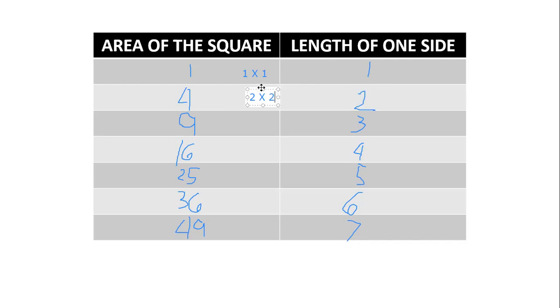The third one is also the same. That is actually 3 times 3. And it goes on and on. Here, that's 4 times 4, then 25, that's actually 5 times 5. For 36, that's 6 times 6. For 49, that's 7 times 7.